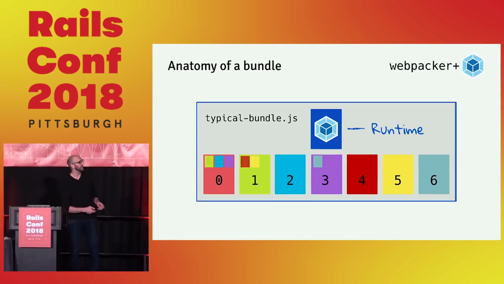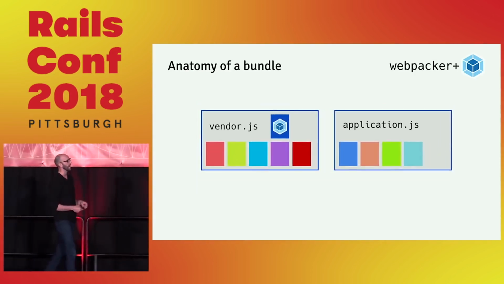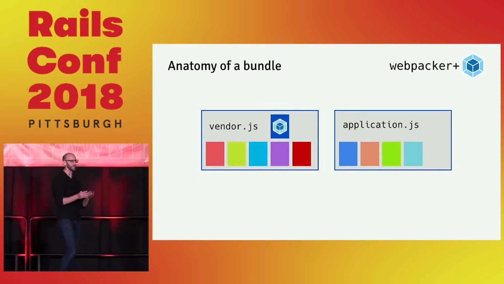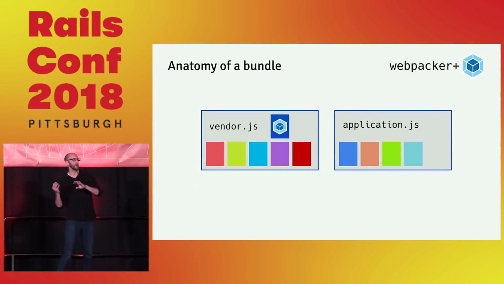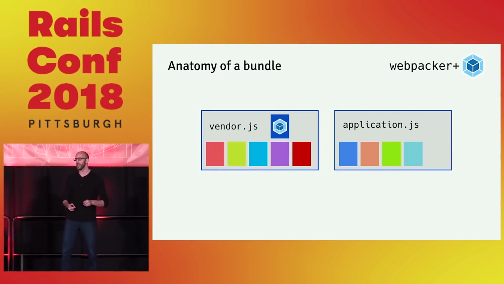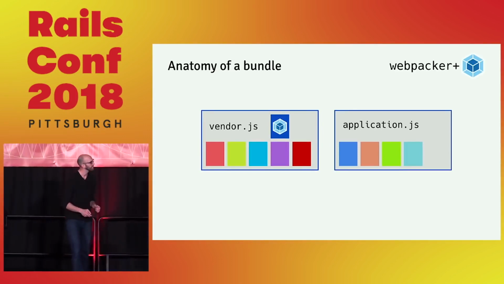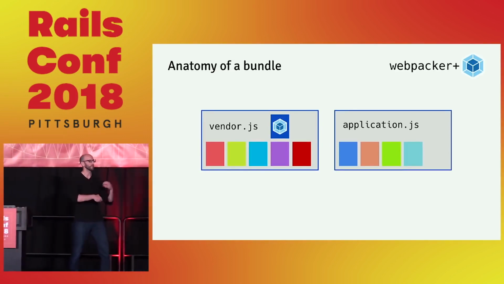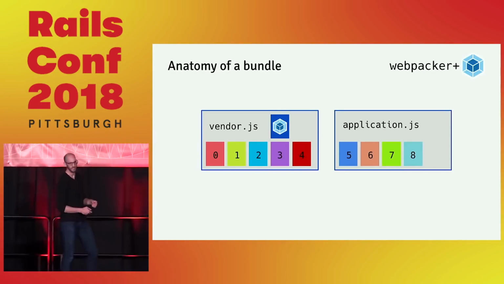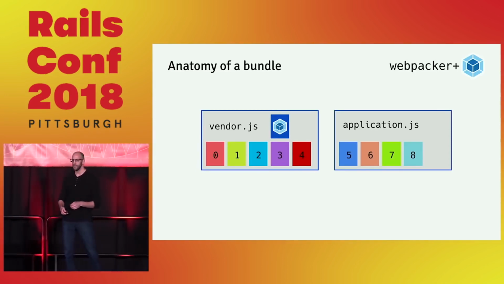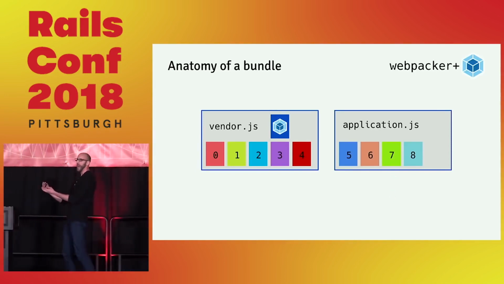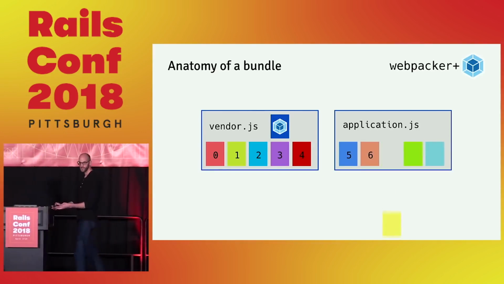Well, as you've seen earlier, we were actually using two bundles, vendor and application.js, and because we were pulling common modules into vendor.js, that meant the runtime also ended up in vendor.js. And when we made some kind of change to application.js, those IDs would have to change as well.